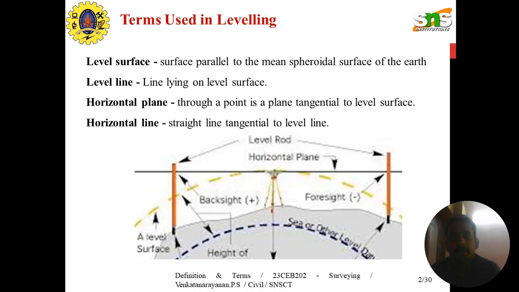Next is horizontal line. It is a straight line tangential to the level line. It is the line which is connecting the telescopic axis to the point to be read on the leveling staff. So these are all the various terminologies used in leveling.